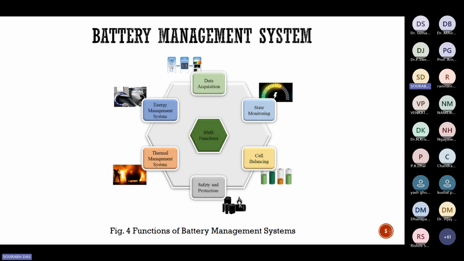Then the energy management system. The battery management system manages the energy flow between the battery and the device it powers, so that it can ensure optimal performance. It controls the charging and discharging rate, maximizing battery efficiency and lifespan.